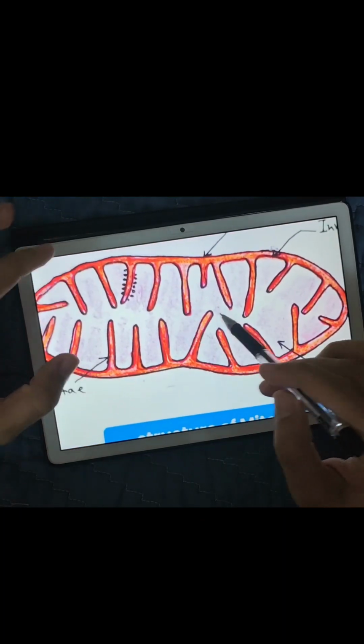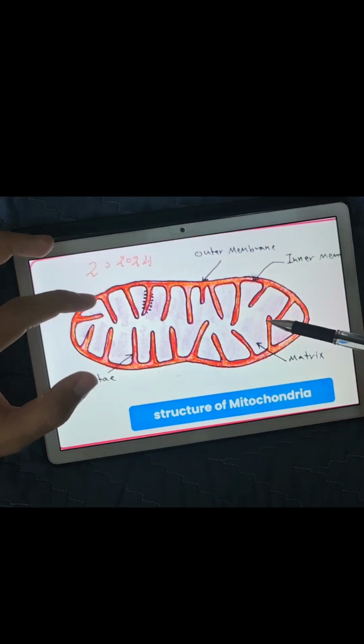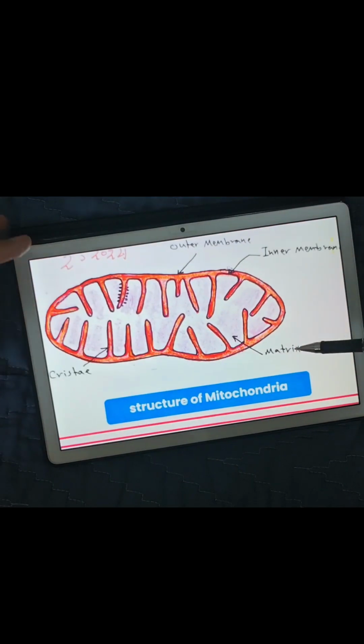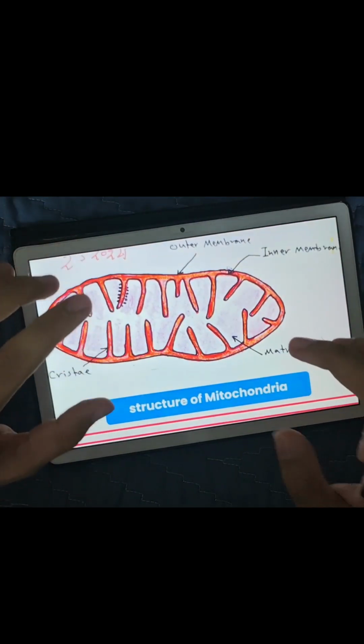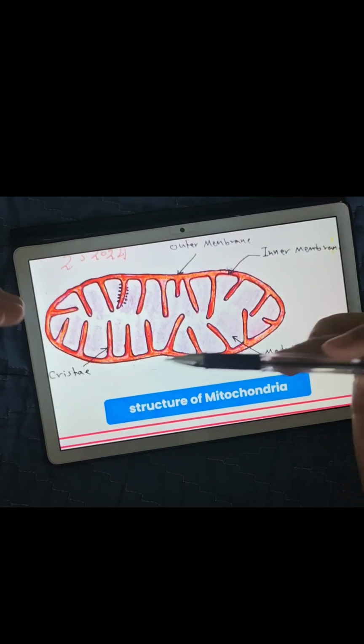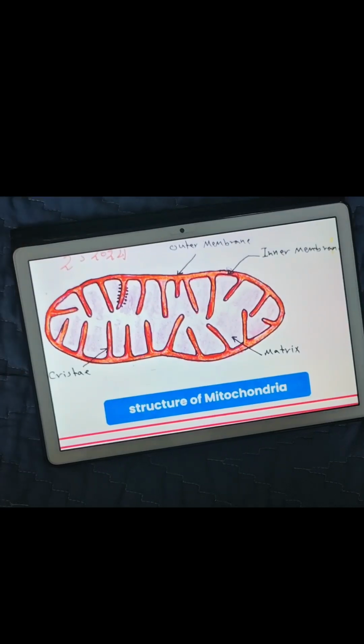This white stuff that you see here, or pink, depending on where you're watching it, is the mitochondrial cavity. I know it says matrix here, but this is the mitochondrial cavity, because it's pointing inwards towards it. The double layer membrane is basically the outer membrane and the inner membrane.